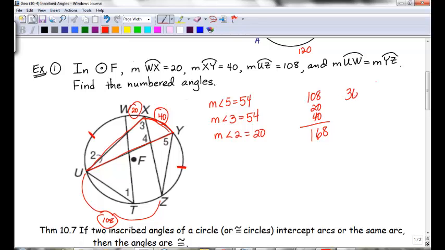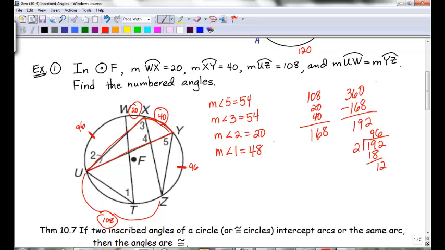Then 360 minus 168 is 192. Divide by 2 because they are congruent: 96. So this arc is 96, and this arc is 96. Angle 1 is half of it, so the measure of angle 1 is 48 because it's half that arc.